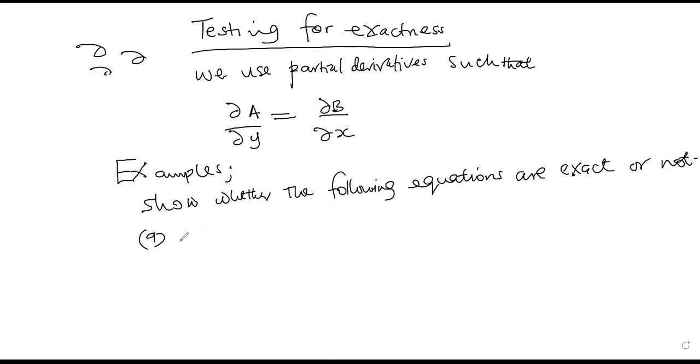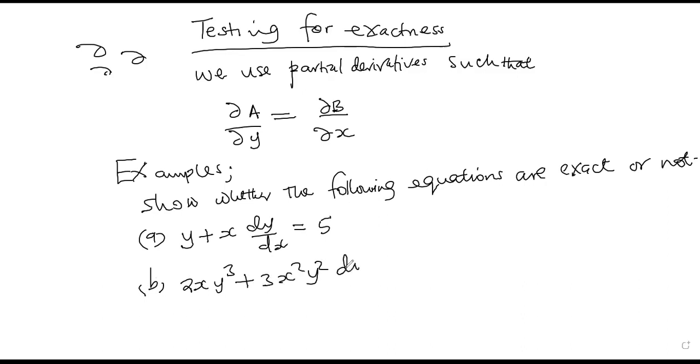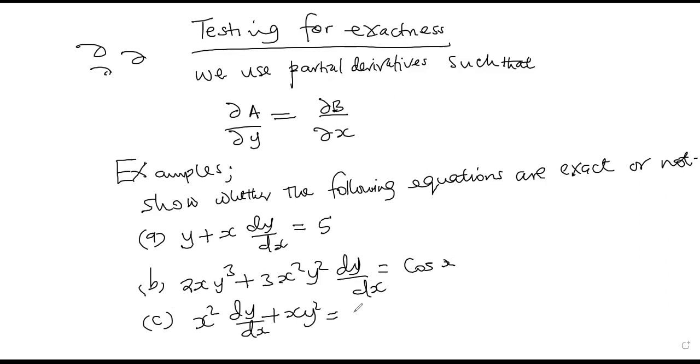A: y + x dy/dx = 5. B: 2xy^3 + x^2y^2 dy/dx = cos x. C: x^2 dy/dx + xy^2 = 5x.